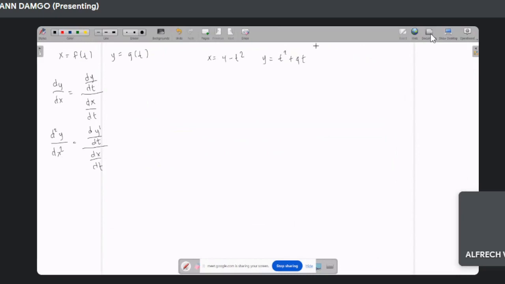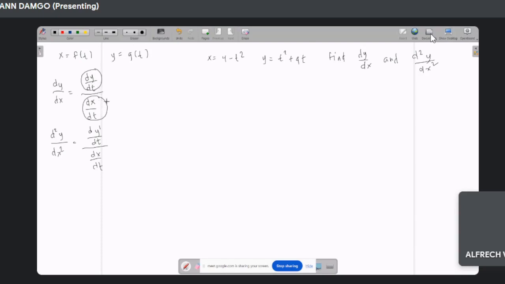Okay, so ang atong pangitaon ani is, find dy dx and the second derivative with respect to x. So, ato ni siyang i-apply, class. So, in order for us to solve for dy dx, first, ato sa ni siyang i-solve ang dy dt o dx dt.